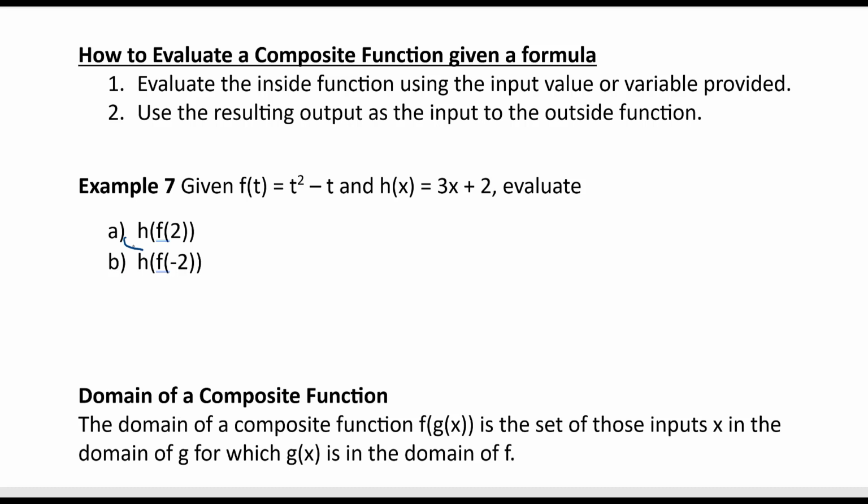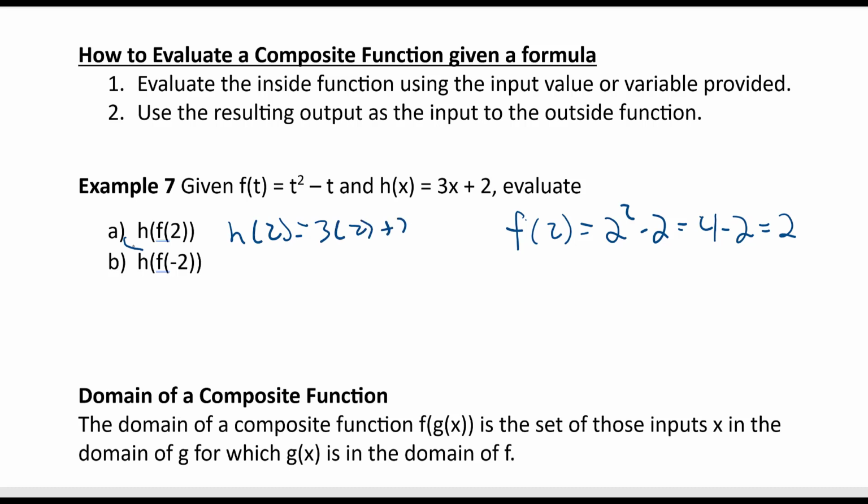So let's look at f of 2. That's 2 squared minus 2, which is 4 minus 2, which is 2. So h of 2 is going to be 3 times 2 plus 2. So that's 6 plus 2, which is 8.